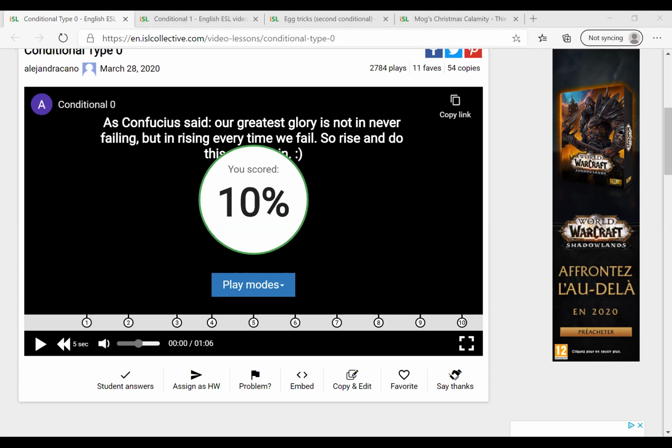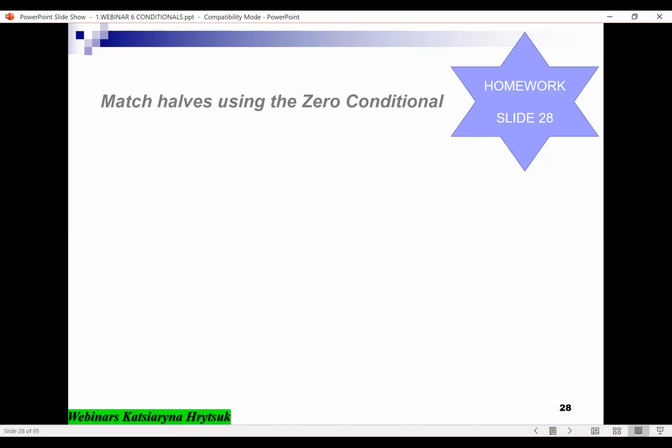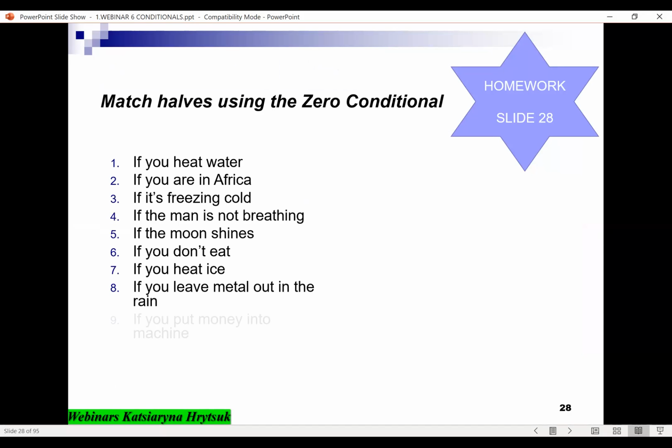So we're finished with conditional zero. Now we move. I hope you see my screen. Now I'm going to share with you this one. So that was the end of conditional zero, and one of your homework is going to be where you need to match halves using the zero conditional.